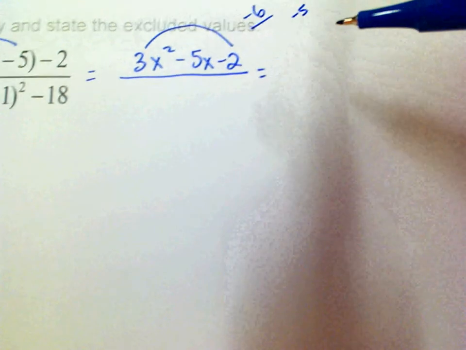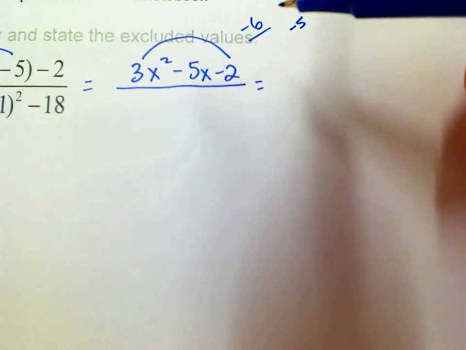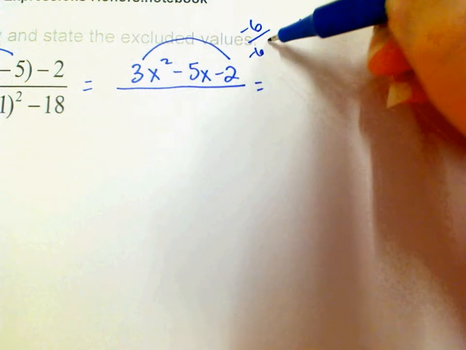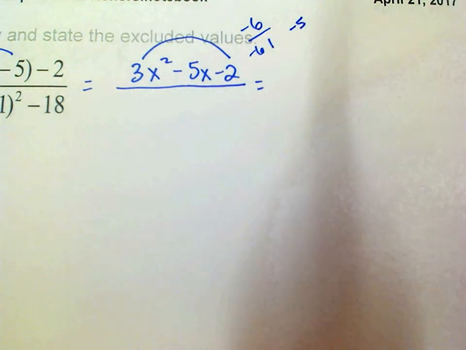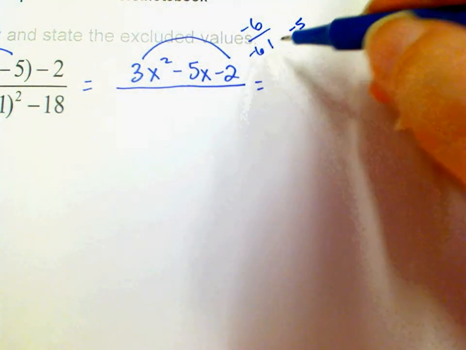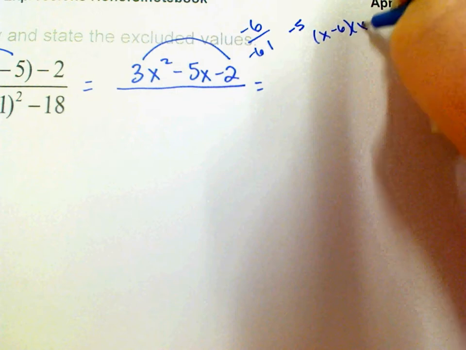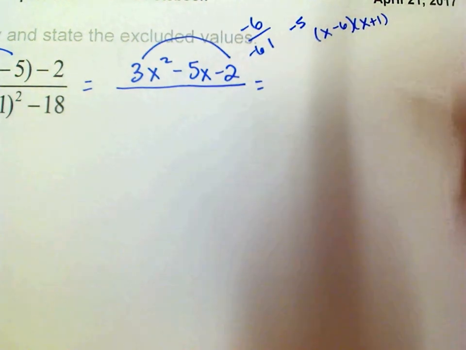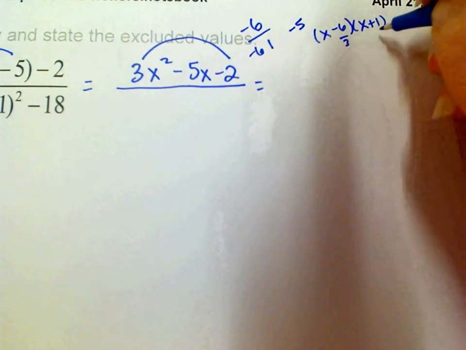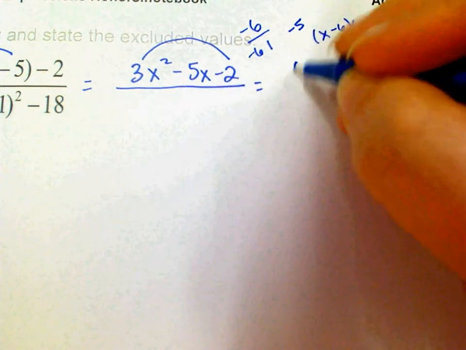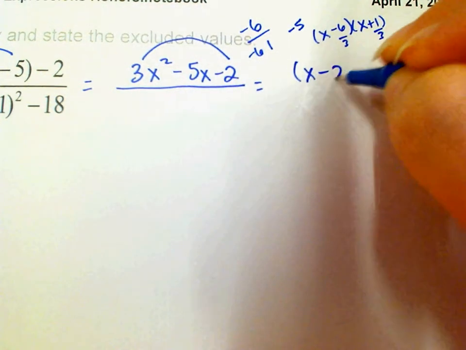Negative 6 and 1, so it could be x minus 6 and x plus 1, but I have to remember to divide by 3. So this first one becomes x minus 2, and this one becomes 3x plus 1. So there's my numerator.